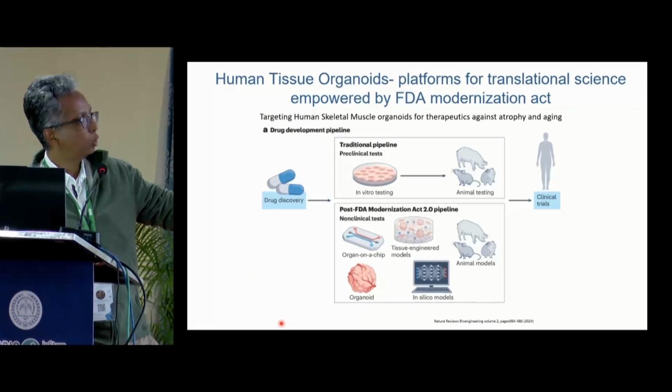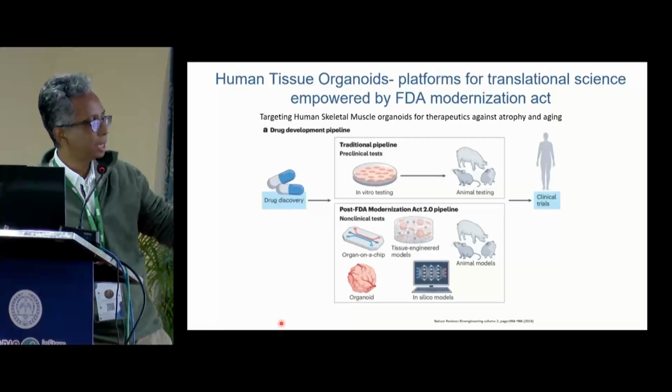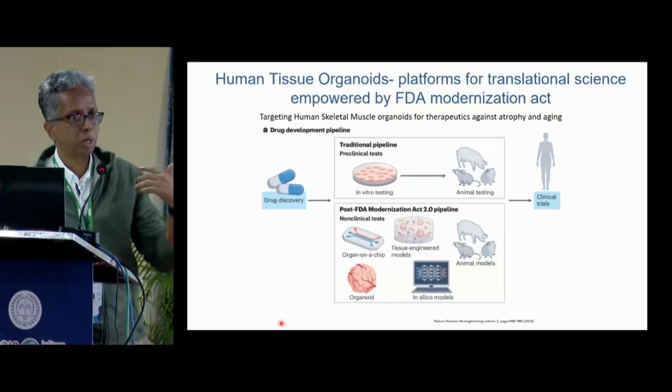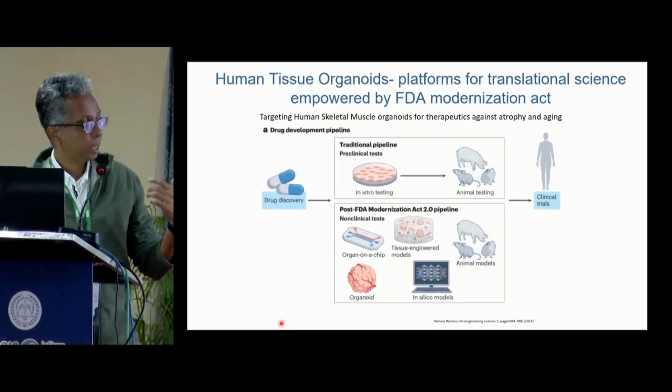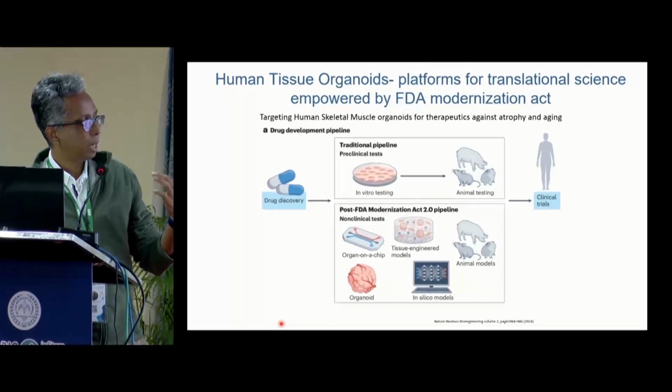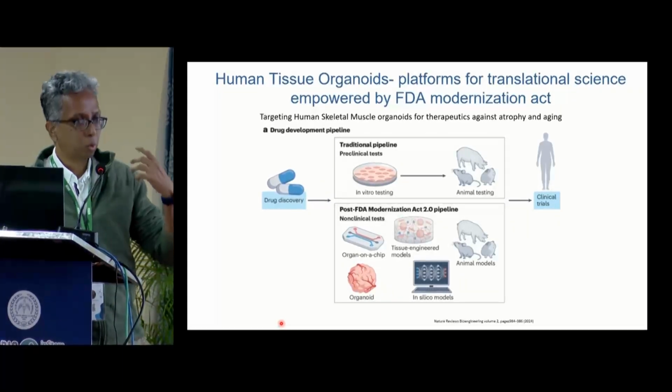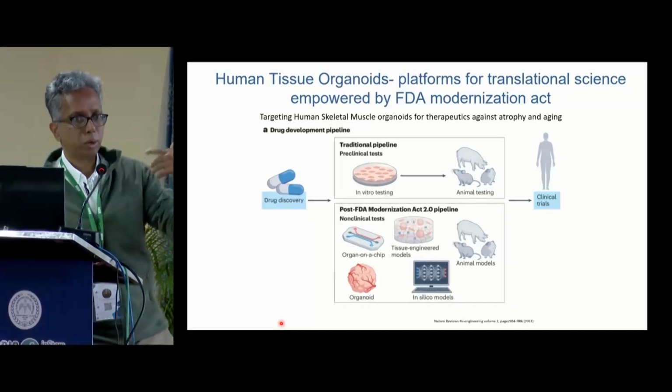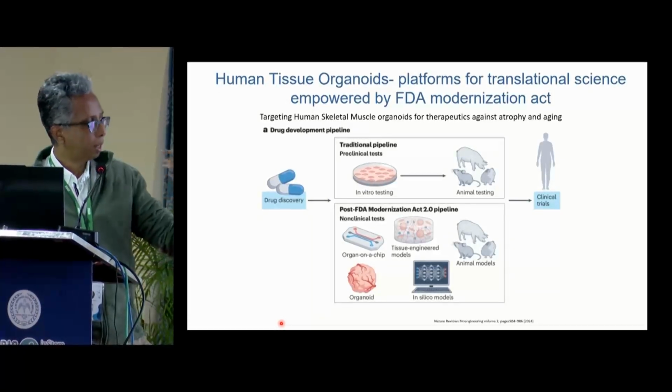As you know, the FDA 2.0 Modernization Act essentially says, though animal testing is not going away anytime soon, it's really a tectonic shift in that animal testing is no longer required in showing regulators that the drug is toxic or efficacious.